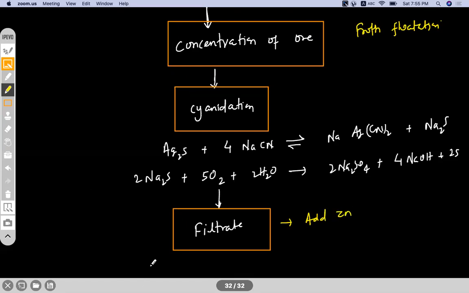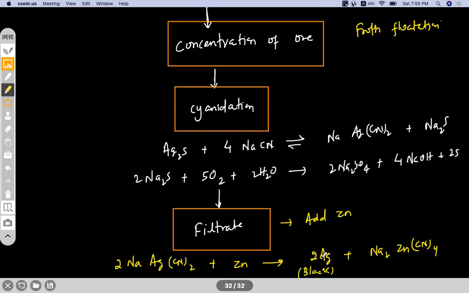So the reaction would be 2NaAg(CN)2 plus Zn gives Ag, and we'll get Na2Zn(CN)4. We'll get the black precipitate of silver here. Zinc is more electropositive, so it can displace silver, and we'll get silver.